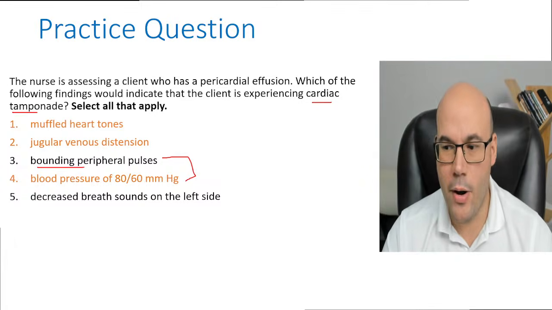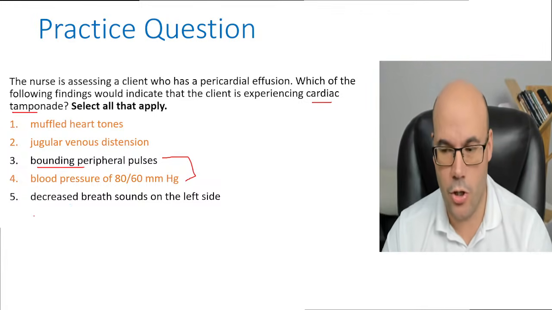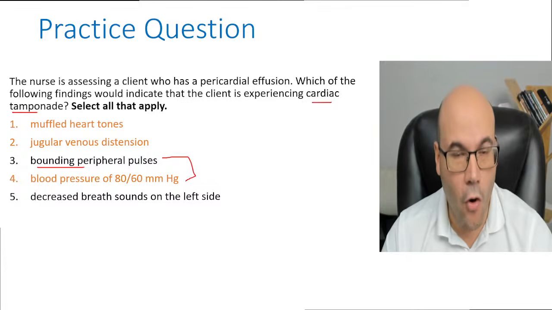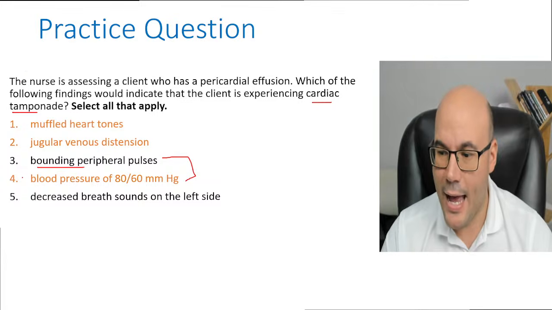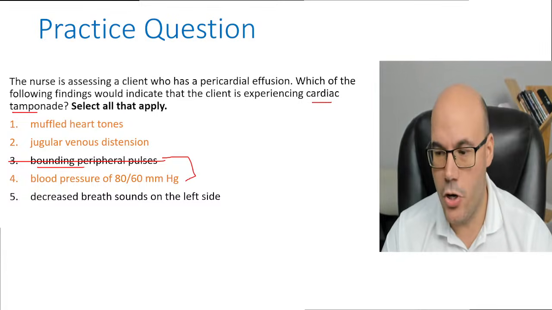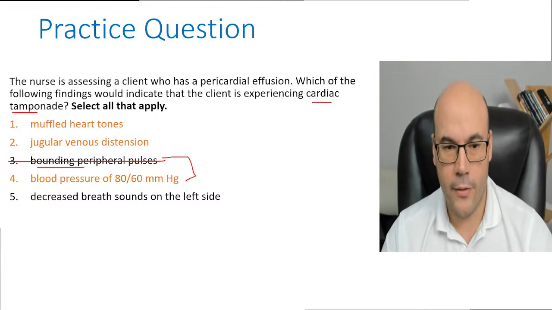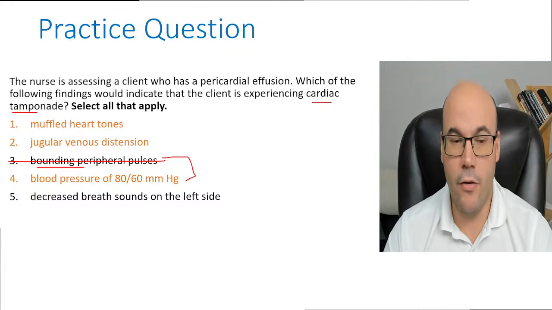Weak and thready. So 3 is incorrect. And if 3 and 4 are opposite to each other, usually 4 would be a correct finding. So with this analysis, I can confirm the elimination of answer number 3. So I have 1, 2, and 4.